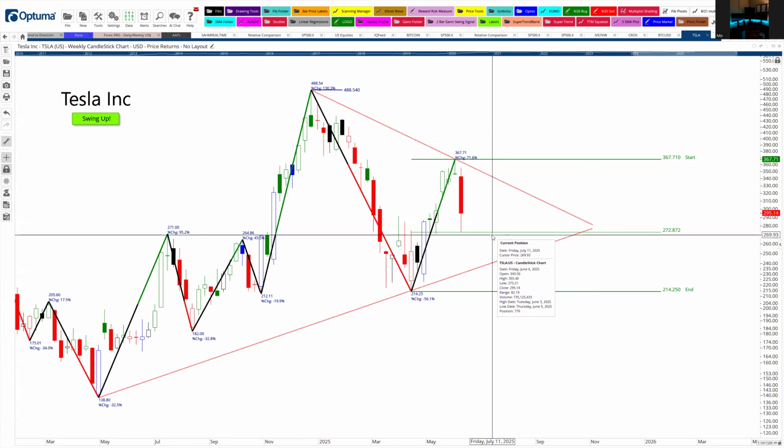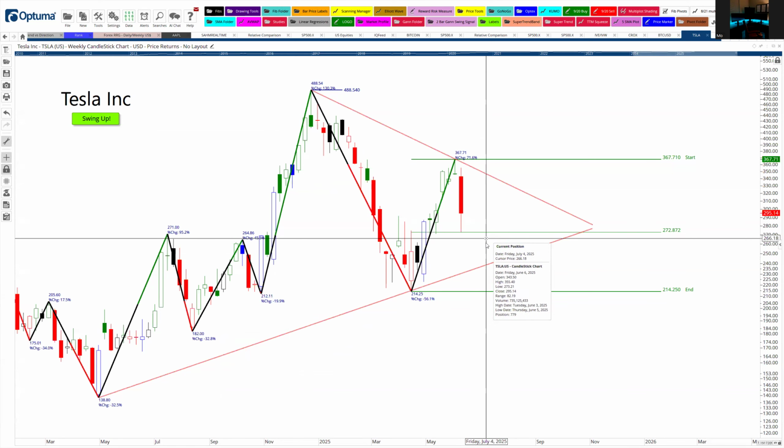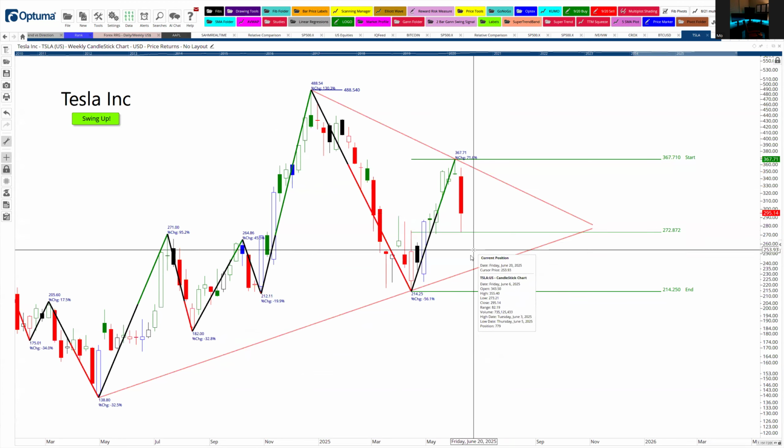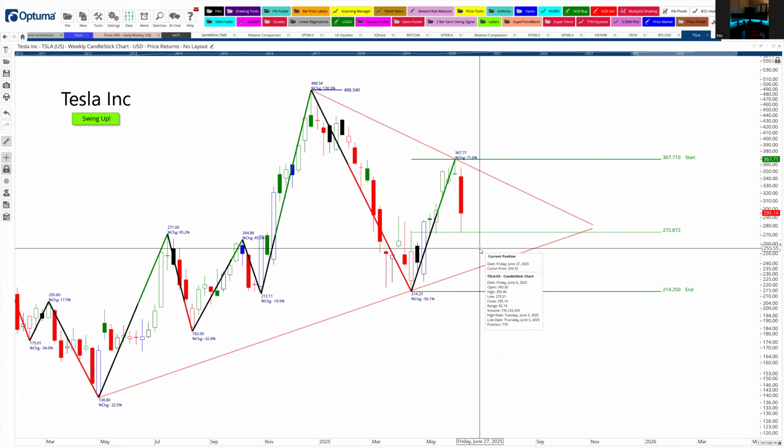Finding the bottom, yes, I picked it quite a bit of time ago, you all know that. But this is a stock that's gonna keep pulling everyone to the downside.